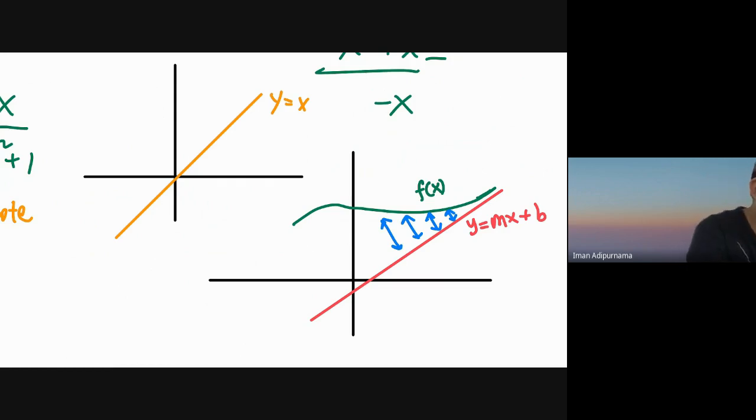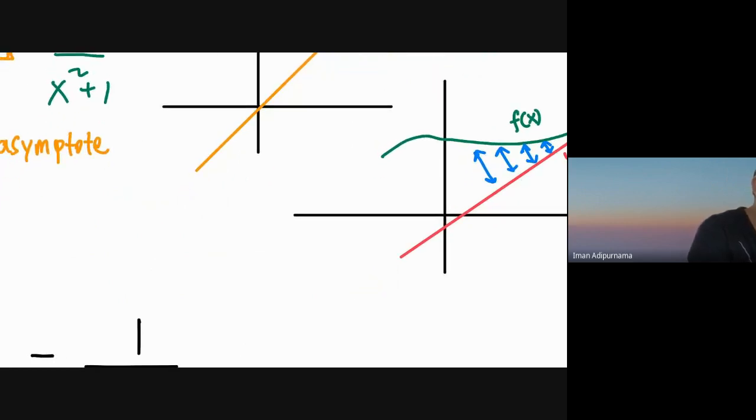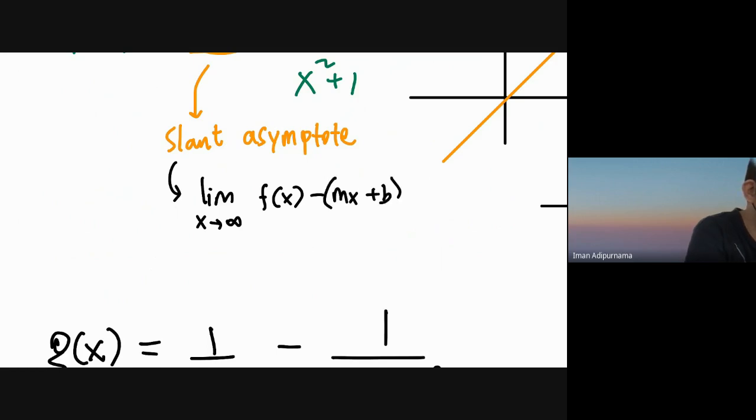Now, if we use limit, the slant asymptote we can define as a limit, as x approaching infinity, from that picture, it will be 0. And that will be the definition of the slant asymptote.